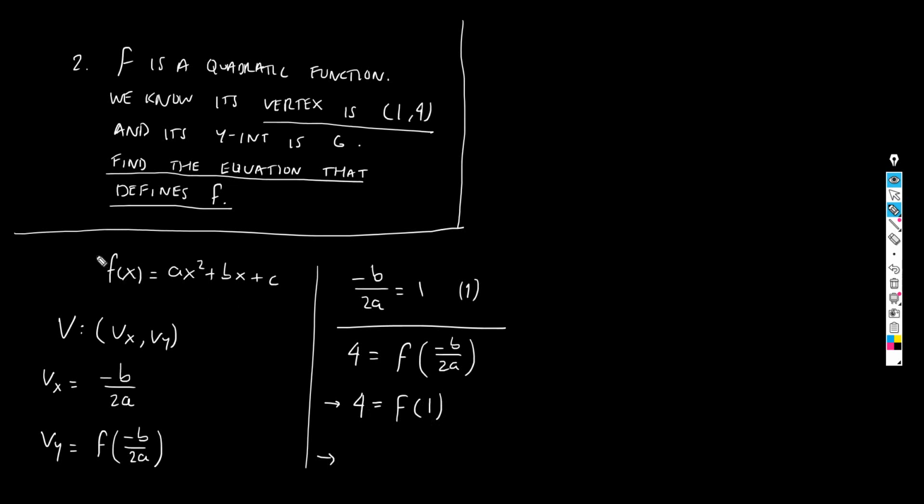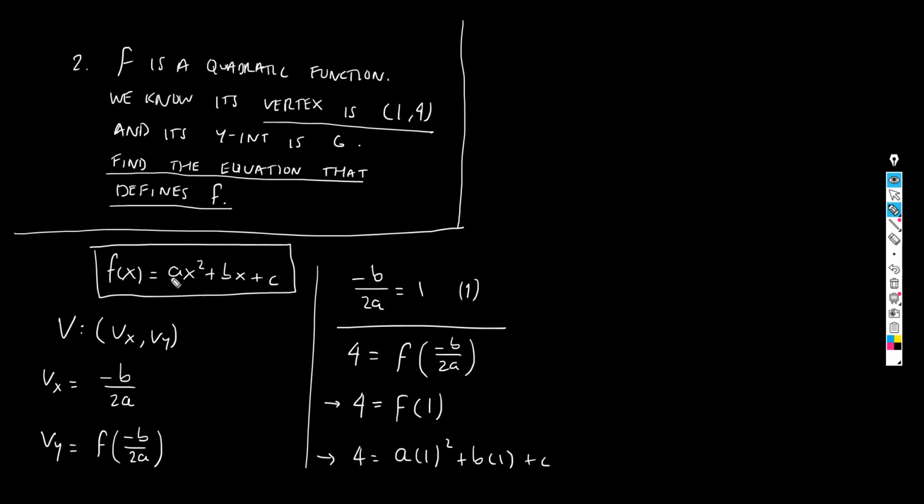And my function has this shape, right? So when I introduce 1 into f, it's going to look like so. f of 1 is going to be a times 1 squared plus b times 1 plus c. Does that make sense?